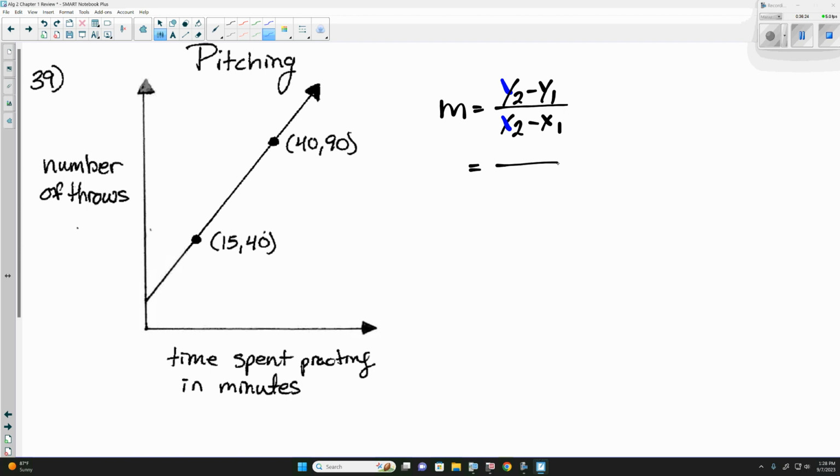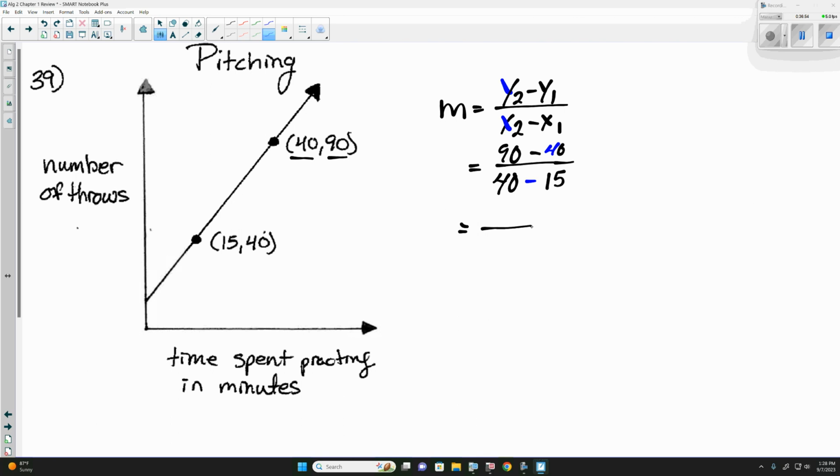What is one of our y values? And its corresponding x value is? What is the other y value? 40. And its x value is 15. I think it's kind of ironic that 40 is technically one of the y values, but it's also one of the x values. Now at this point, we could plug it in.